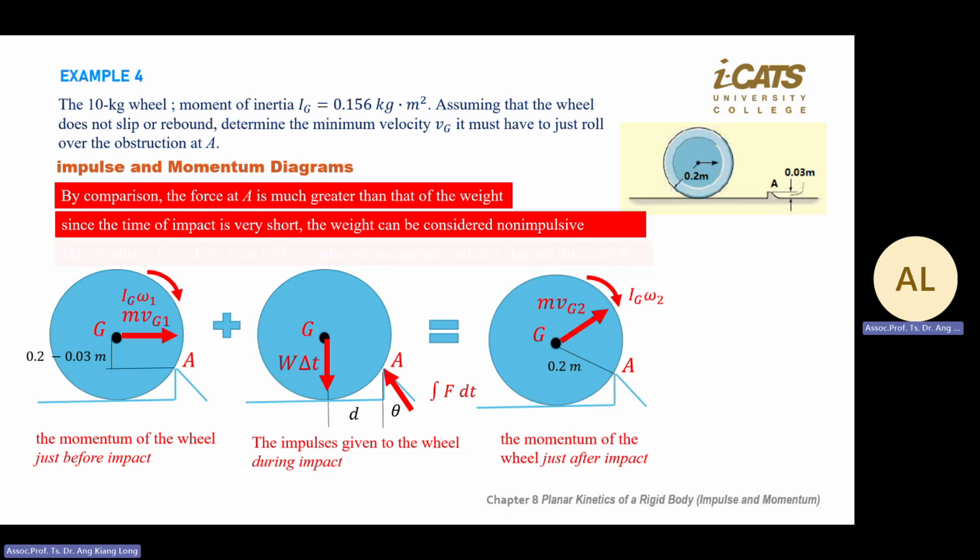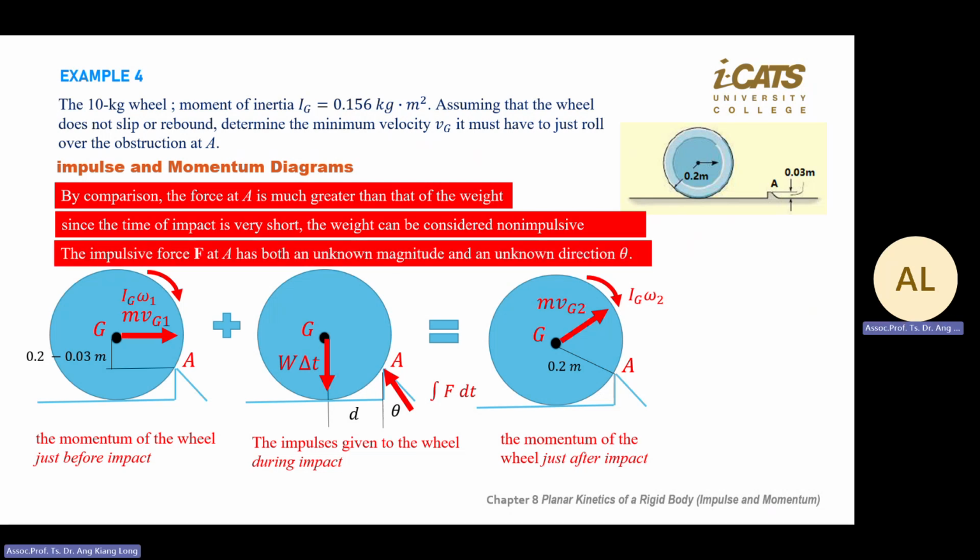So when you read, by comparison, the force at A is much greater than the weight. Since the impact time is very short, weight can be considered non-impulsive. The impulsive force at point A has both an unknown magnitude and unknown direction theta.